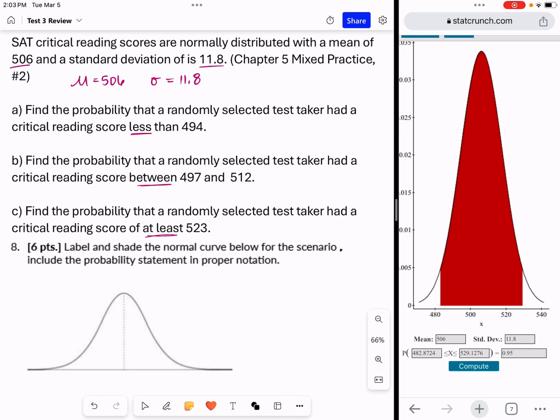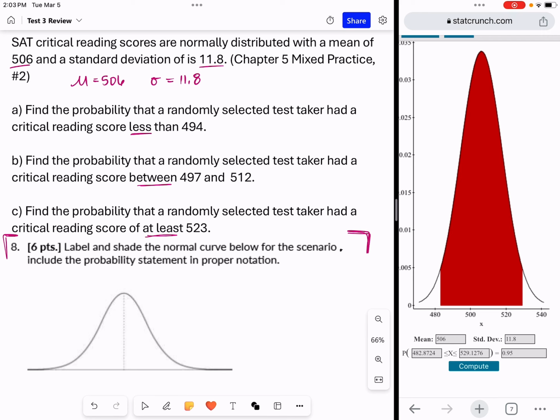First thing I want to do is find the probability that a randomly selected test taker has a critical reading score less than 494. So on your paper portion, where you'll be finding this probability and either typing the answer in or selecting it if it's multiple choice, that's what this part down here is asking.